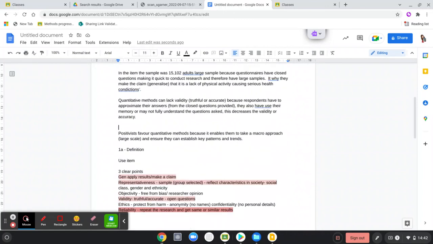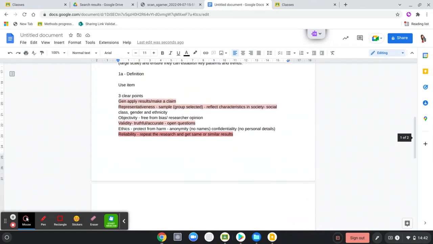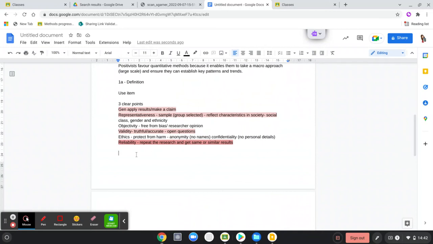I generally try and use Grover. The T is theory. Is it positivism, looking at patterns and trends? Or is it interpretivism, looking at individual meanings and motives?